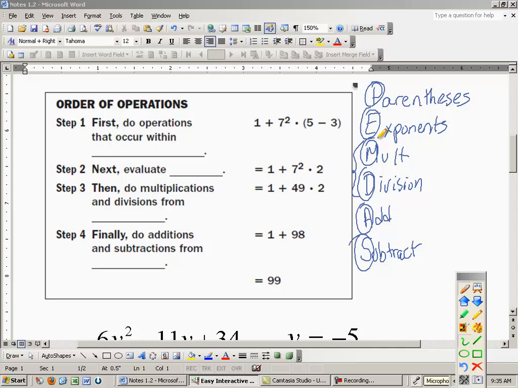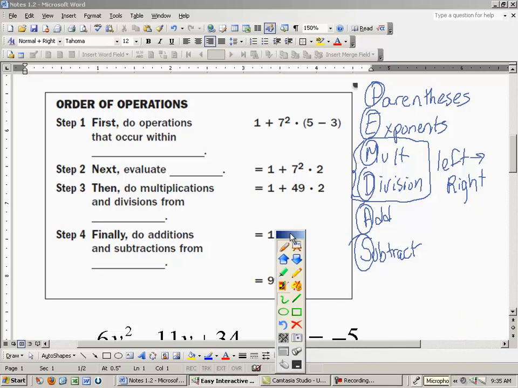However, multiplication and division really don't differ at all. They're obviously two different operations, but for the order, we do these two as they appear from left to right. So if you have a division prior to a multiplication, then you would do the division first. If you have a multiplication before a division, then you would do the multiplication first.